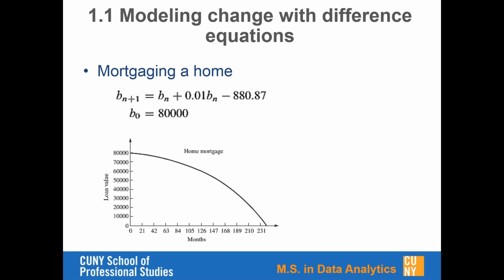What we are trying to do here is that the balance of the mortgage can be modeled this way, which is equal to the previous balance plus some sort of interest minus the principal payment that you have already made, which in this case uses $880.87 as that constant, and then you have to initialize your function, which starts at b0 equal to 8,000, and then you can estimate how long this can be paid off.